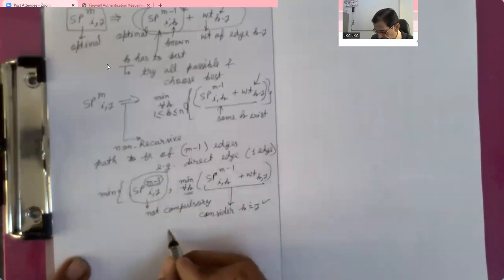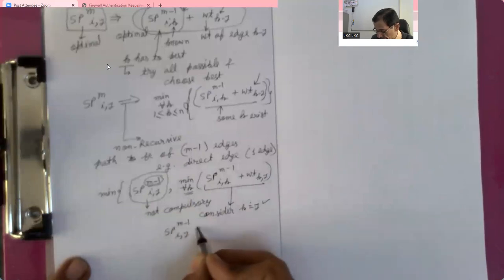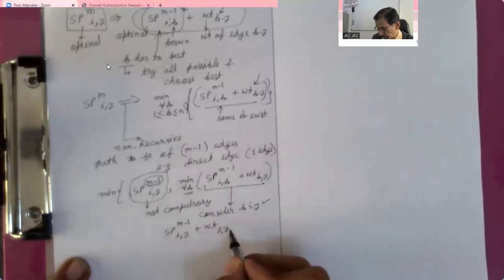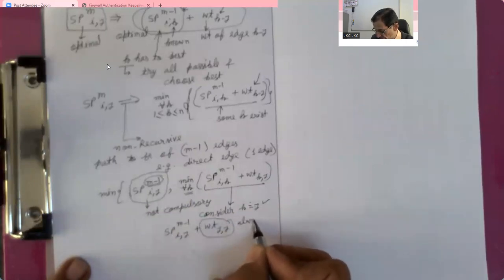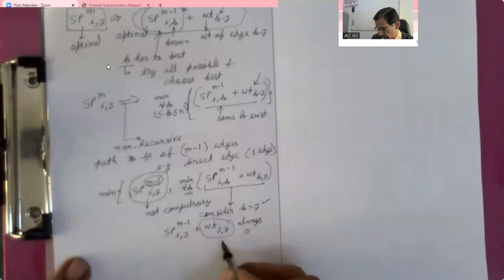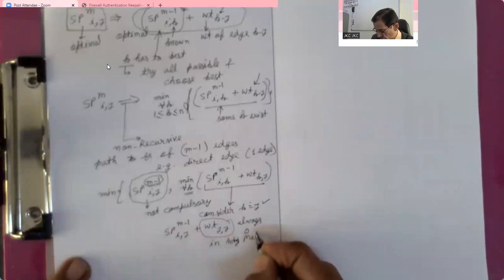K equal to j will mean it is equivalent to writing SP(m minus 1) ij plus weight of jj. Weight of jj means the edge from itself, so we always treat this as 0. And in my adjacency matrix or anywhere else, you can normally store this as a 0 at the diagonal level.